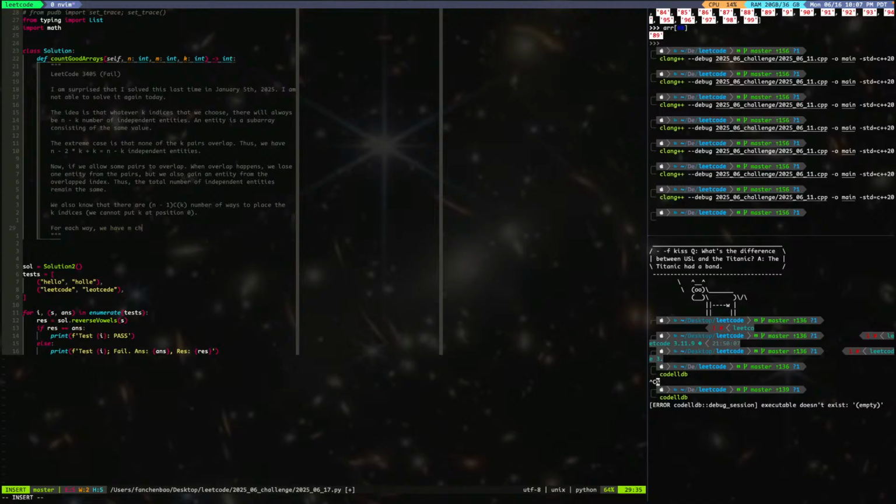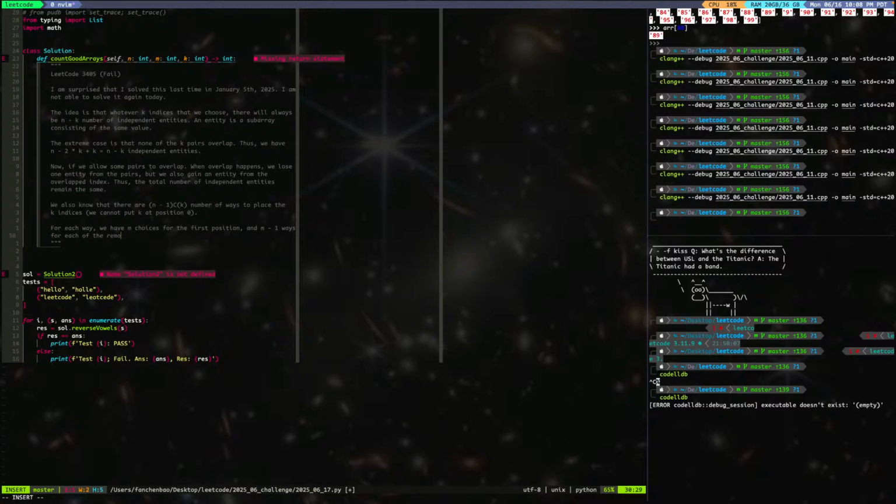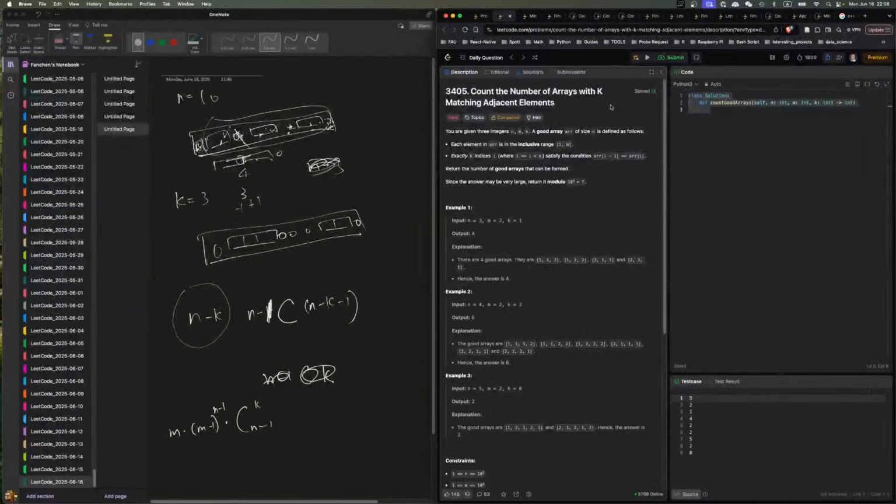we have m choices for the first position, and m minus 1 ways for each of the remaining n minus k minus 1 entities.